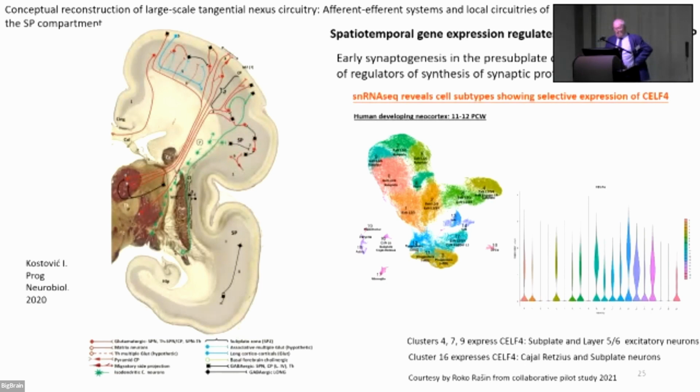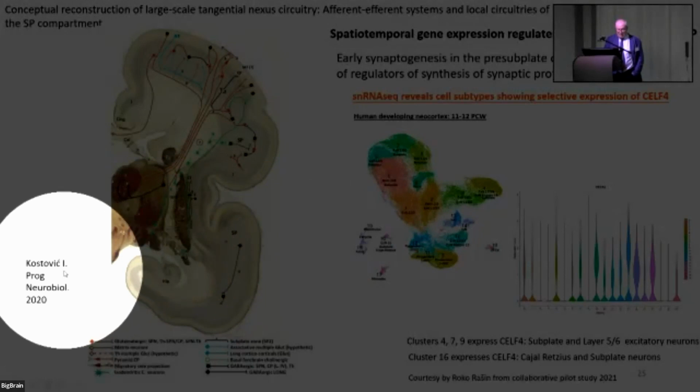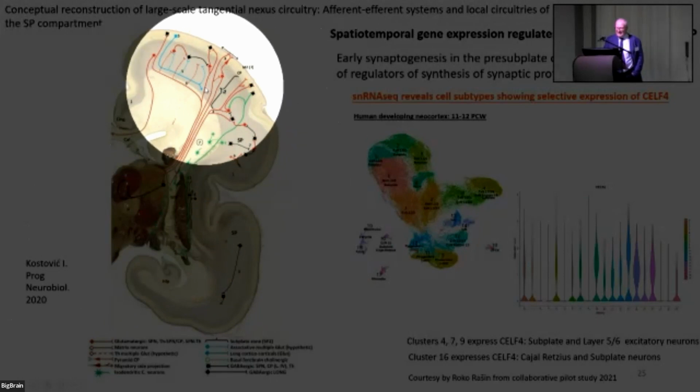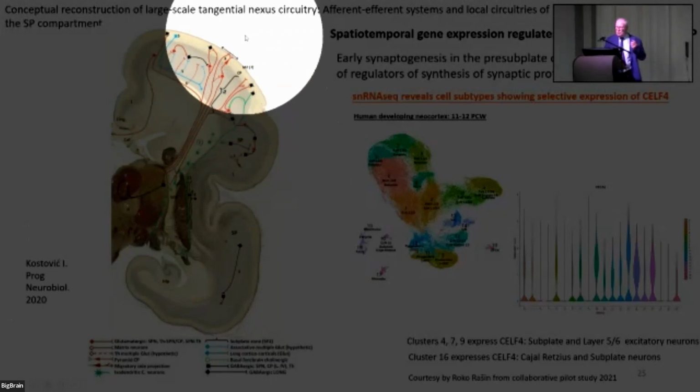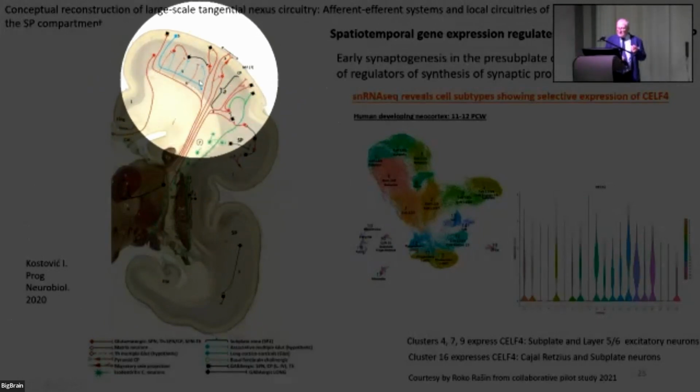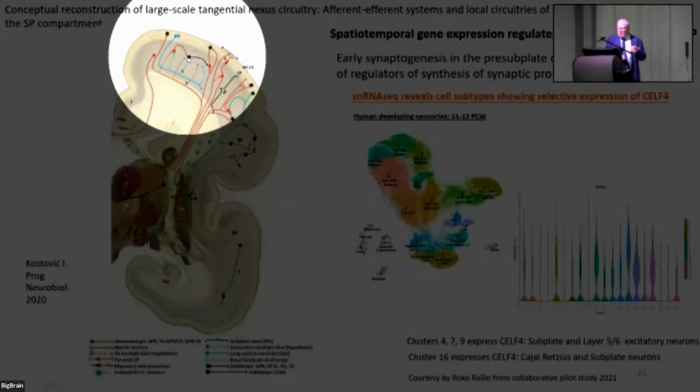But now that's reconstruction of this circuitry. You can find it in a review article I wrote specially on the subplate nexus. But the point is, look, during development, there are multiple, that's crucial, multiple inputs from associative fibers and thalamocorticals.